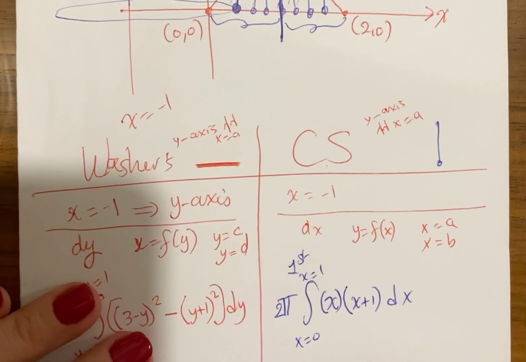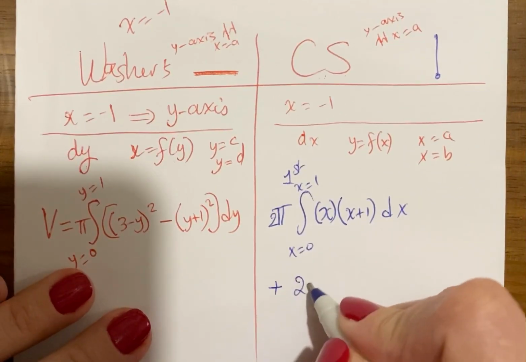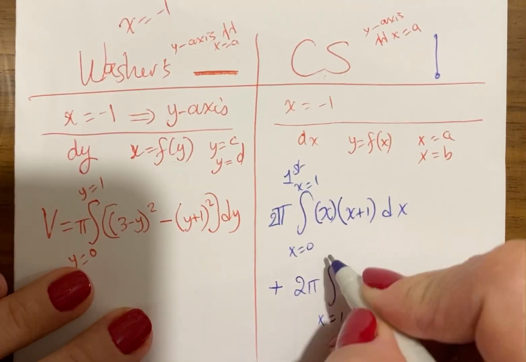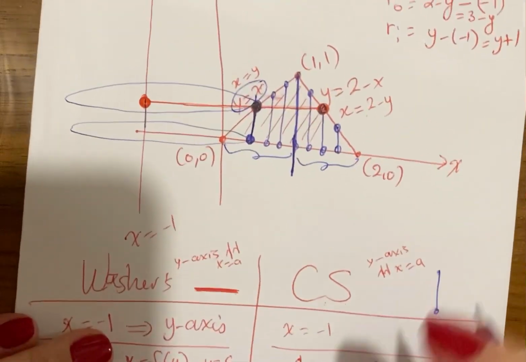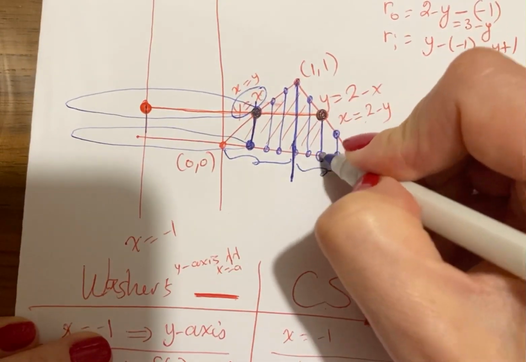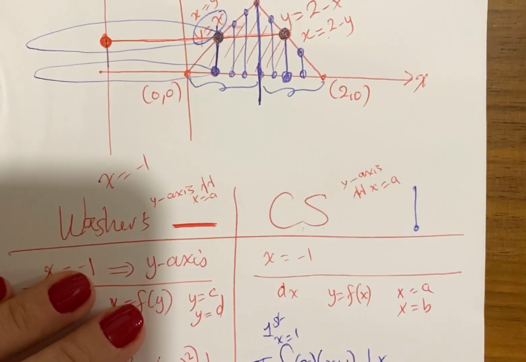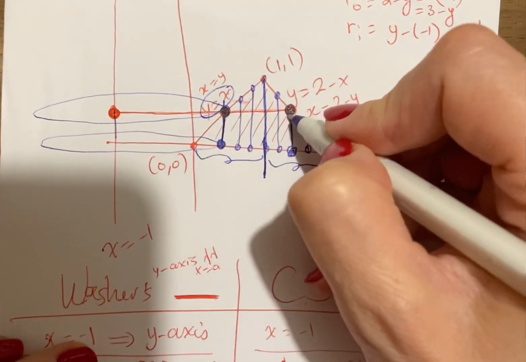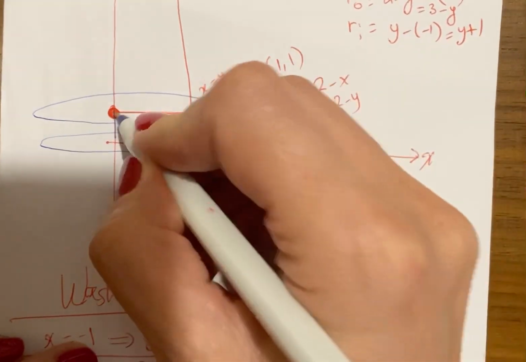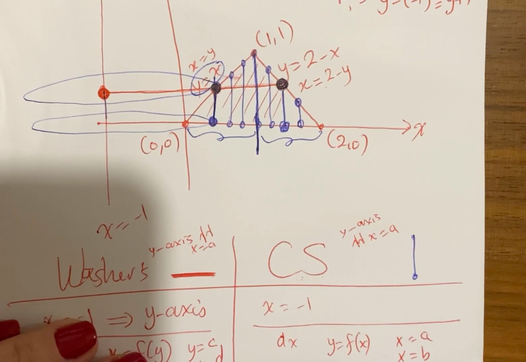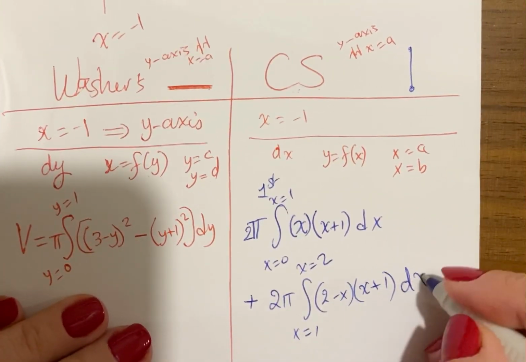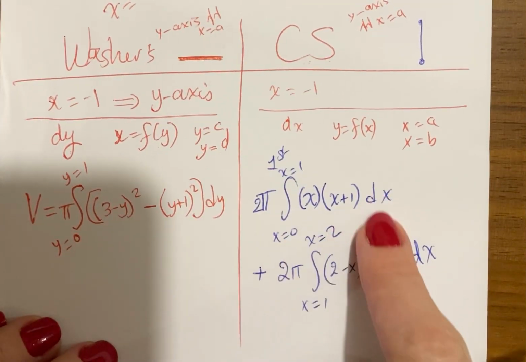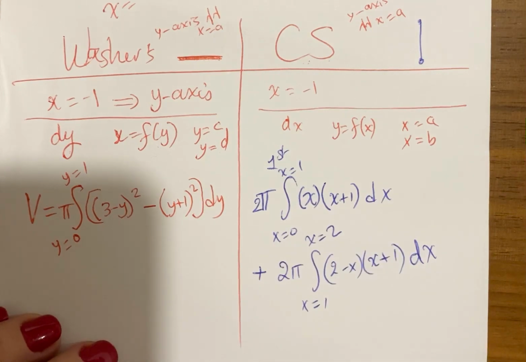This is the first one, plus 2 pi. Now the other section, which is running from 1 to 2, what is the height? The height is 2 minus x minus 0, so 2 minus x, and the radius is again x minus minus 1, so x plus 1 dx. Which one is easier, doing one integral or two? Of course, one integral is easier than those, but they are doable in both ways.